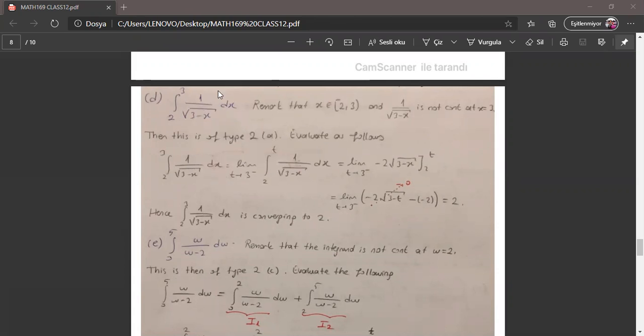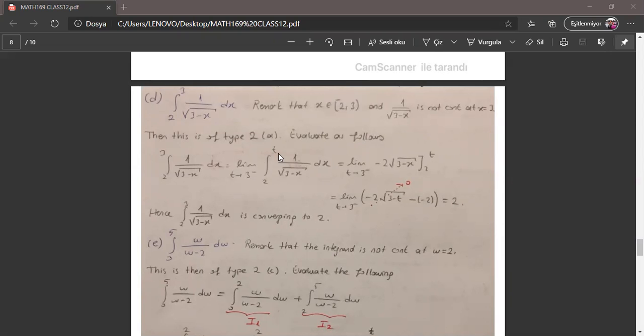It's defined on this interval, right? The boundaries are 2 and 3. And it's not continuous at 3, so we write it as open. Now we're approaching 3 from the left-hand side, so we have this limit.